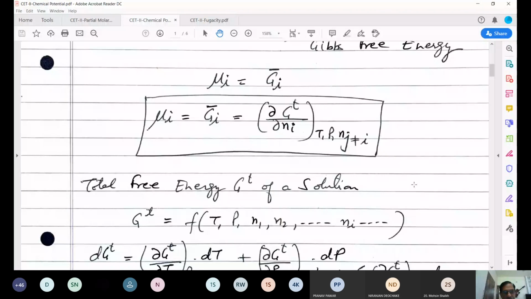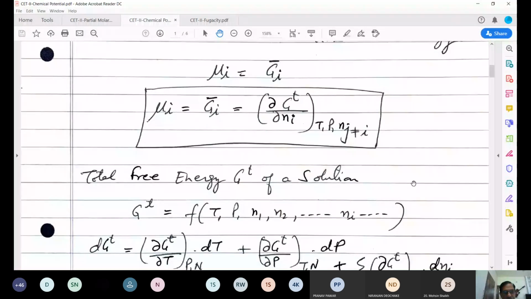Now I take the total free energy of a solution, G superscript T. It's a function of temperature, pressure, and the number of moles of all the components.